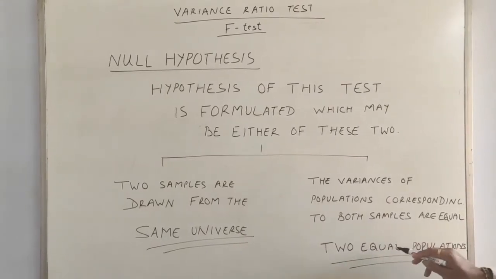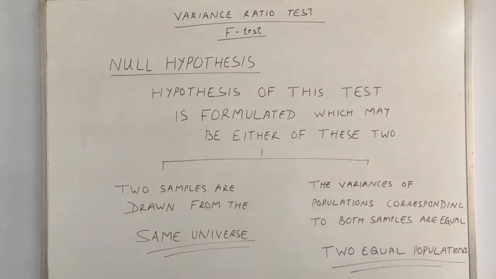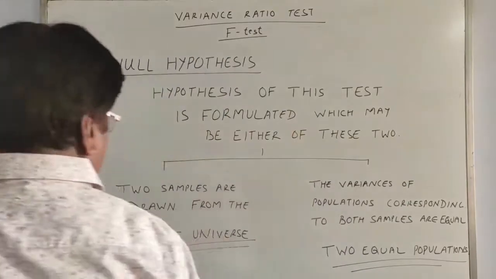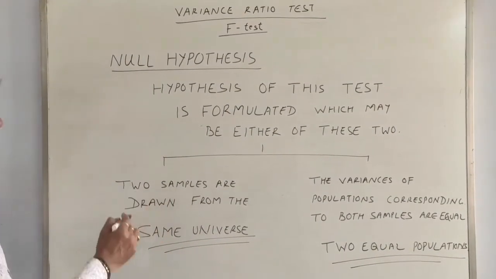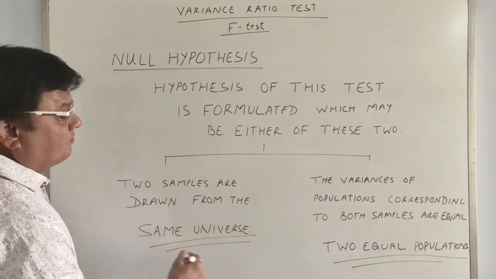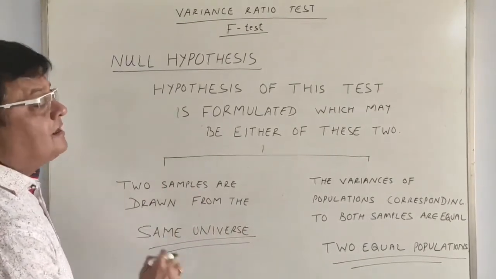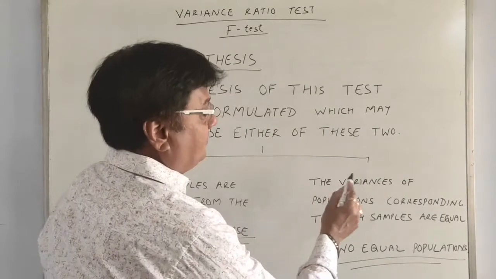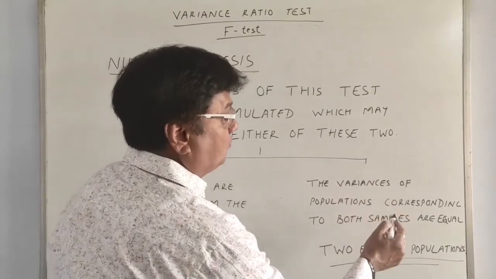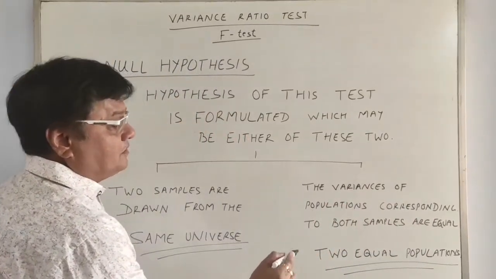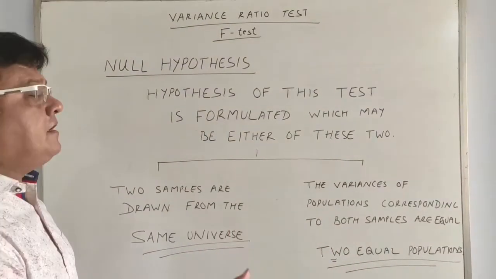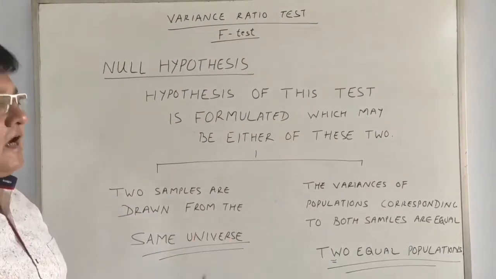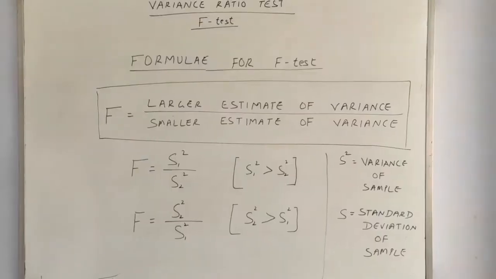That means two equal populations are there. Either one population is there and the two samples are from it, so we can come to the conclusion that it is drawn from the same universe or same population, or otherwise the variances of the populations corresponding to both samples are equal. That means the populations are different, A and B, but those two populations have the same variance.